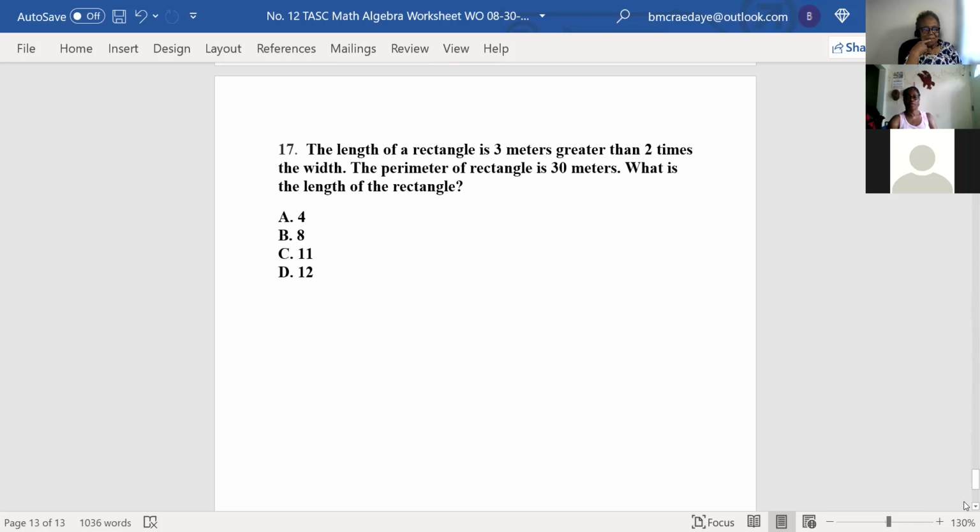The length of a rectangle is 3 meters greater than 2 times the width. The perimeter of the rectangle is 30 meters. What is the length of the rectangle? Let's draw this.